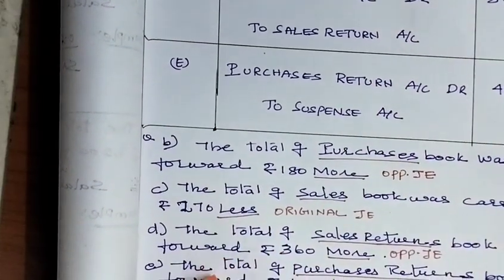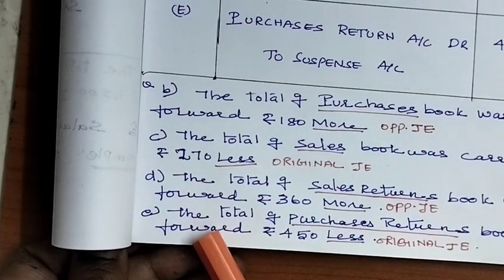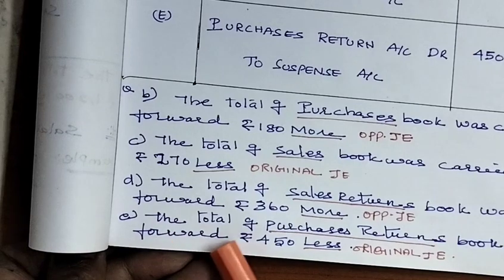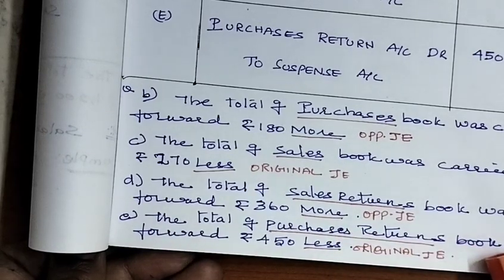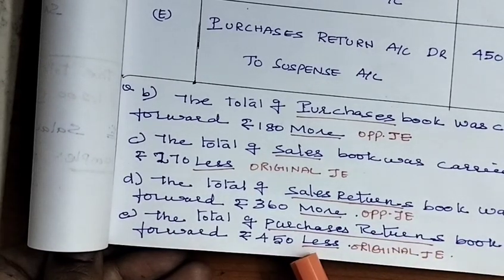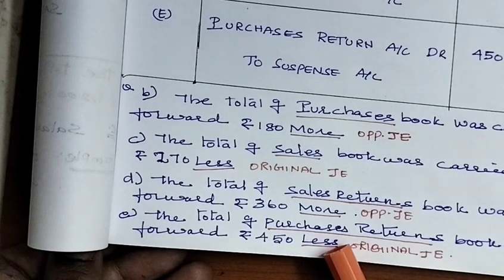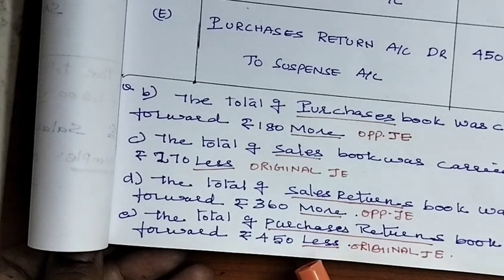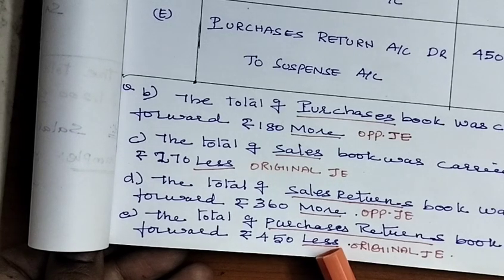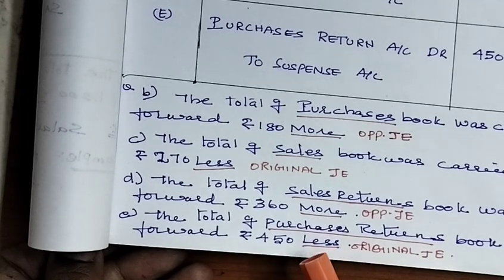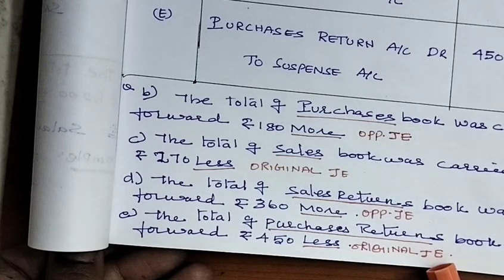Okay. Now let's see the next transaction: the total of the purchases return book was carried forward rupees 450 less. So whenever you see less, under cost, short like this, you have to use the original journal entry.